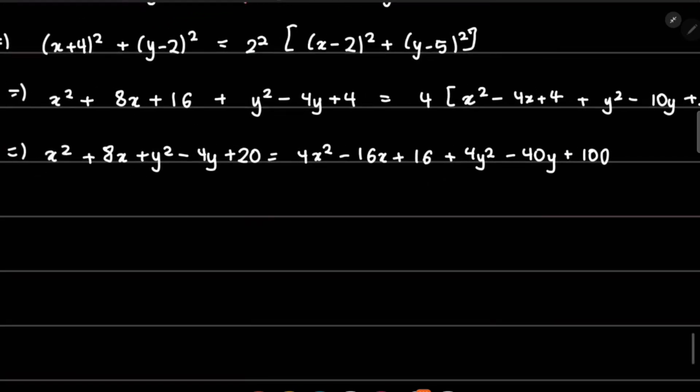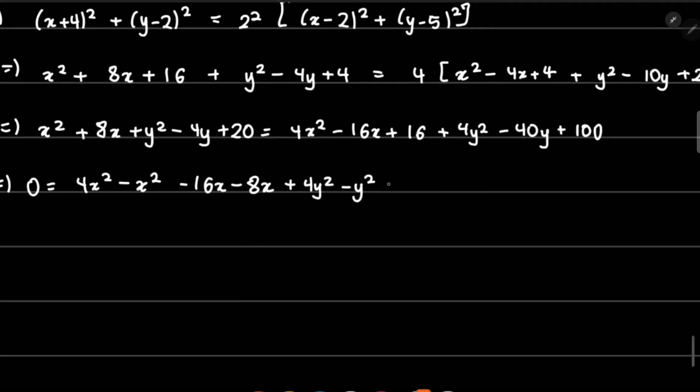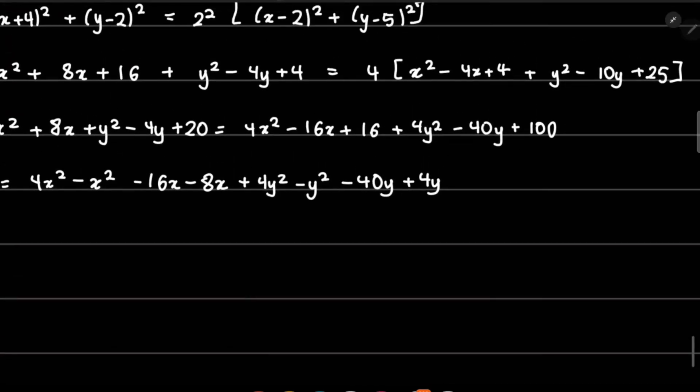Now I'll move everything on the left to the right. So 0 is equal to 4x squared minus x squared, minus 16x minus 8x, plus 4y squared minus y squared, minus 40y plus 4y, and finally I have plus 100 plus 16 minus 20.